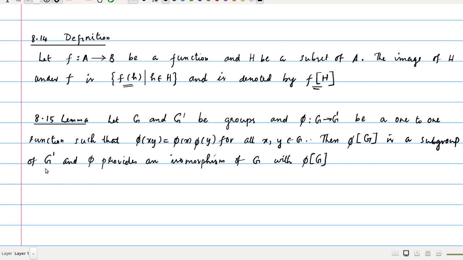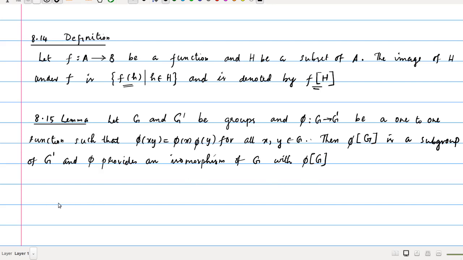So that is the lemma: phi of G is a subgroup of G prime, and phi provides an isomorphism of G with phi of G. That is trivial, since we are considering a homomorphism, and the only thing that remains to show for an isomorphism is ontoness. If we are considering phi of G, then this is an image set, hence it is always an onto map, so that will give an isomorphism.